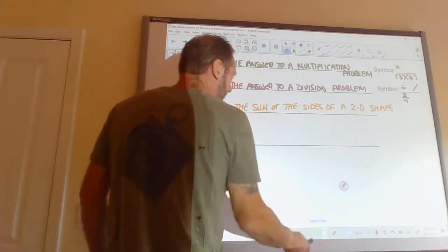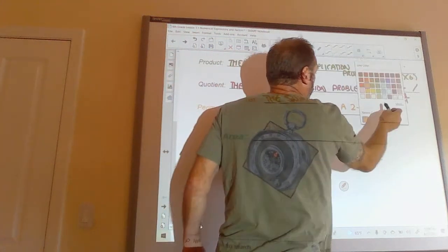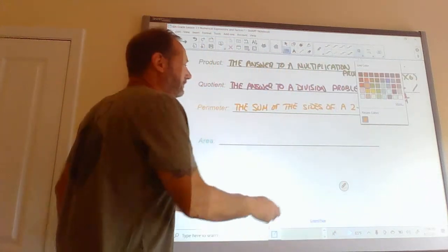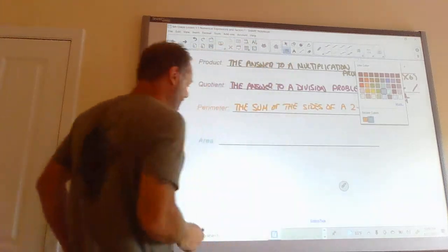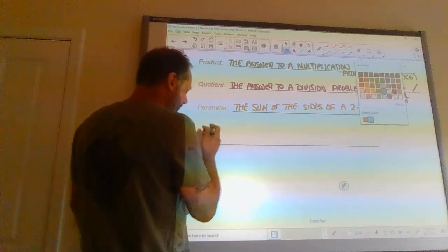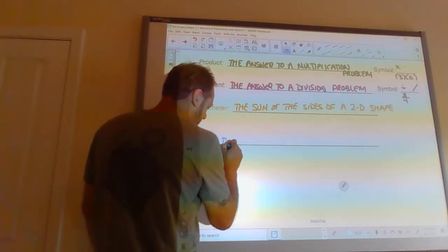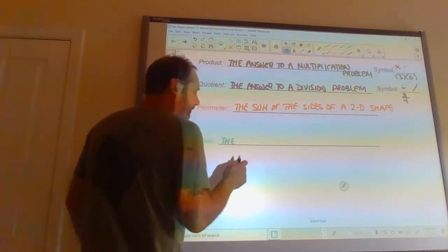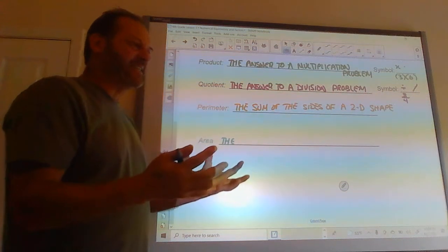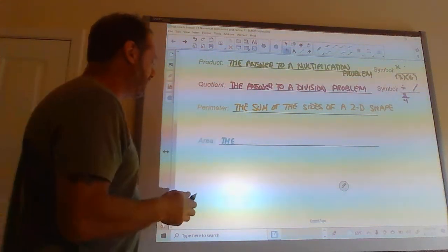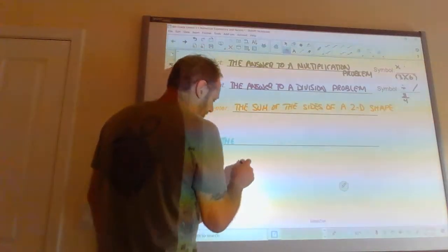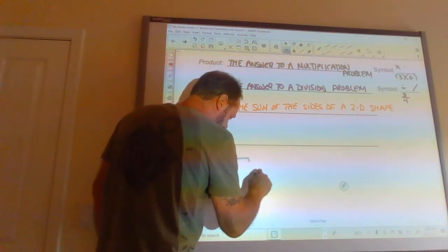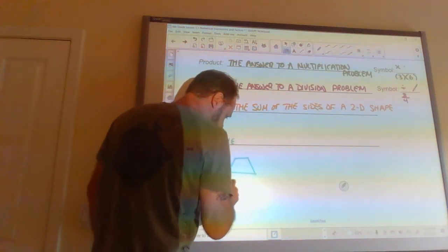And finally, the area. And the area is the amount of stuff inside a figure. So if you have a two-dimensional figure, like let's say we have this quadrilateral right here, it's got 4 sides.